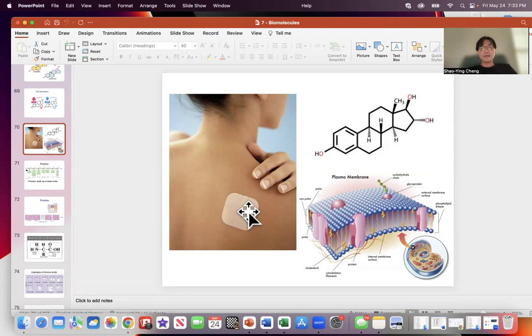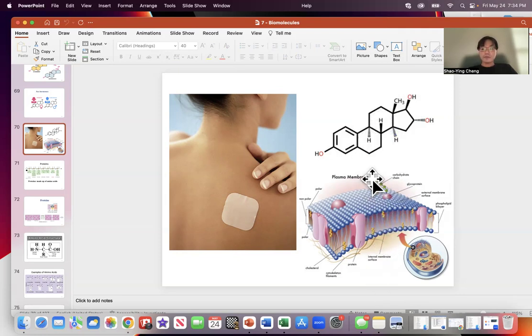And how come you can use the patch? The high dosage of female sex hormone can still go into your body. The reason is the sex hormones are made of cholesterol. It's a lipid. And the cell membrane is made of phospholipid, mainly phospholipid. That's another lipid. So lipid like lipid means it has no problem, it just goes through the cell membrane.